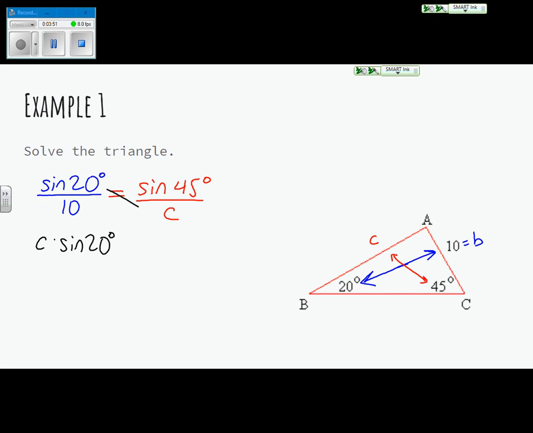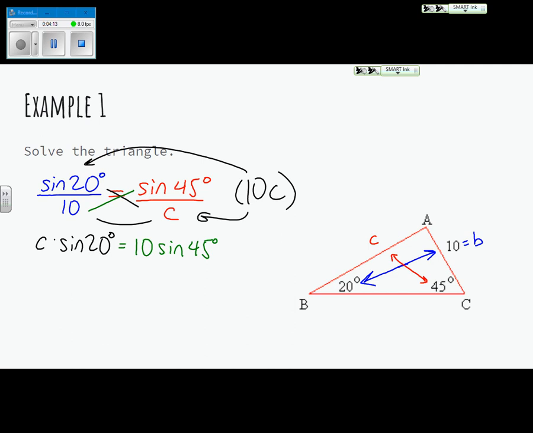I could do is equal to 10 times sine of 45 degrees. But I assure you, that's not what I did there, all right? I actually just took both sides of this equation and I multiplied it by my least common denominator here, 10c. And so whenever I multiplied this by 10c and this by 10c, it gave me this line underneath, all right? So in no way, shape, or form am I admitting to cross multiplication here.